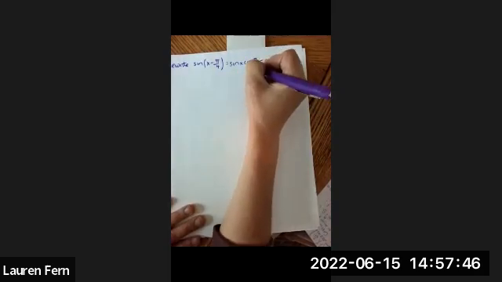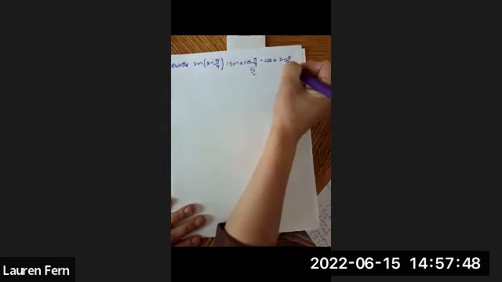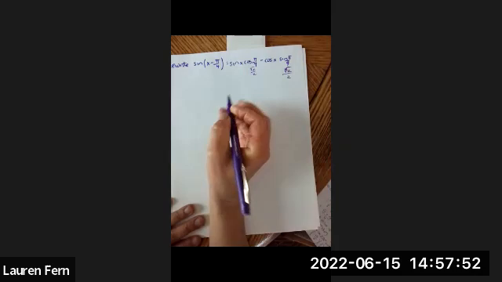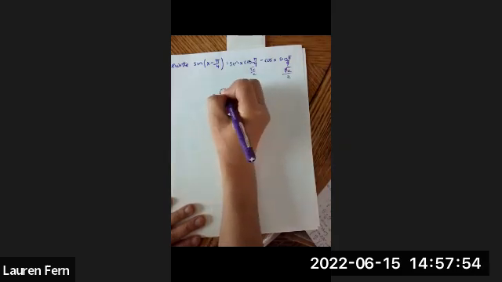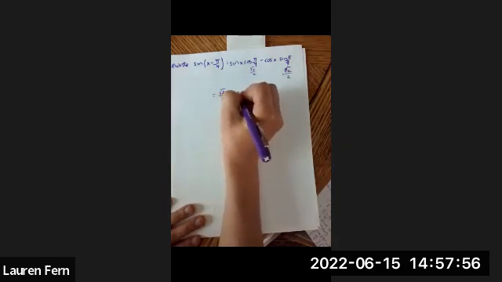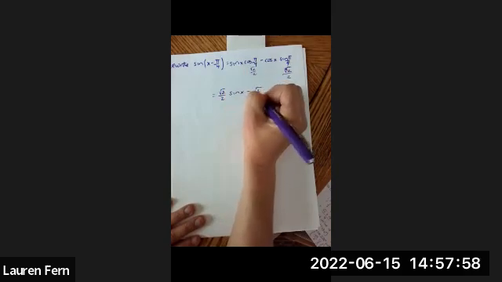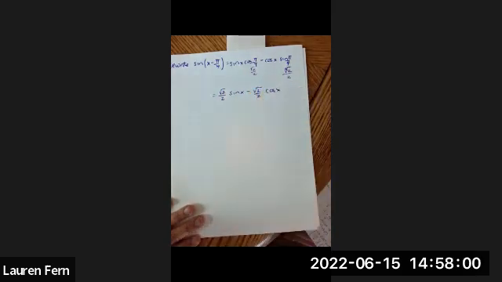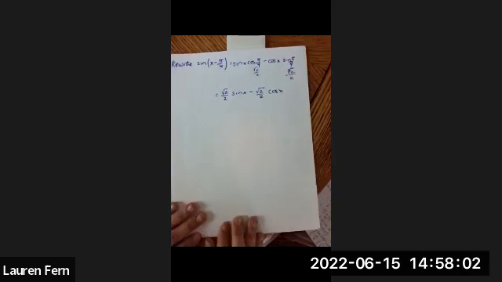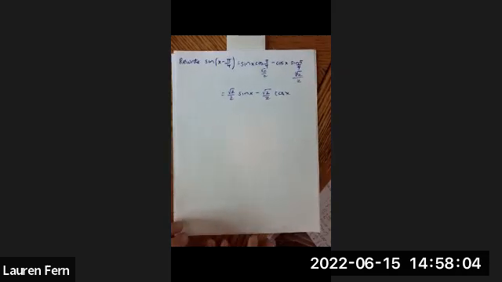I know that this is root 2 over 2, and I know that this is root 2 over 2. So essentially, I'm going to have root 2 over 2 sine x minus root 2 over 2 cosine x. Perhaps not very satisfying, but we did make some headway.